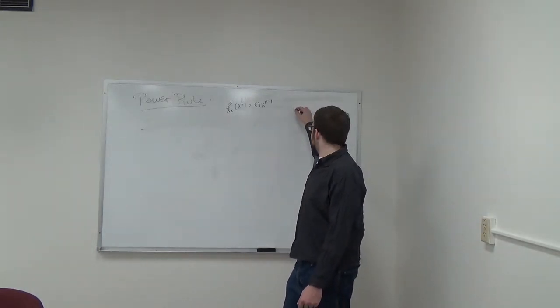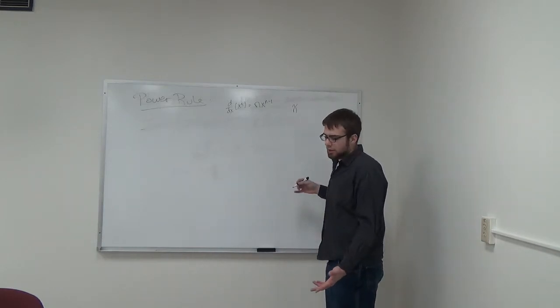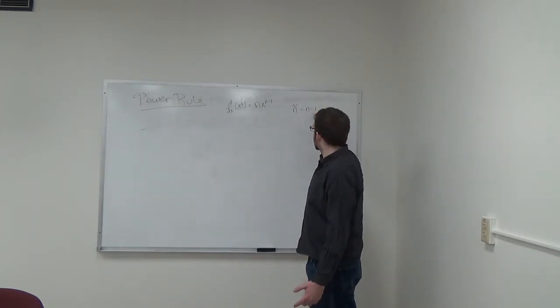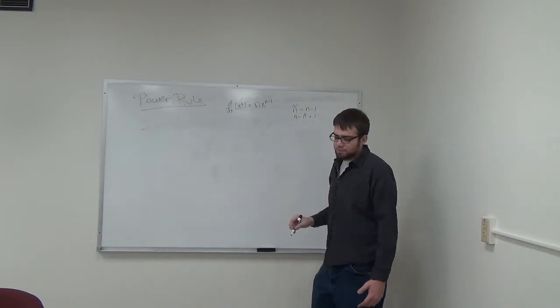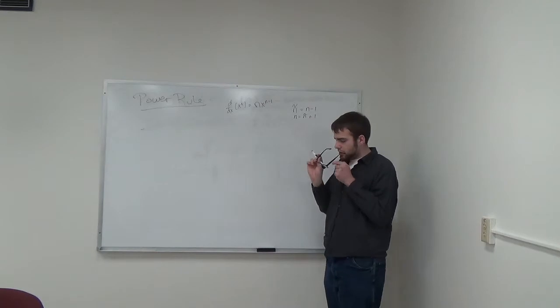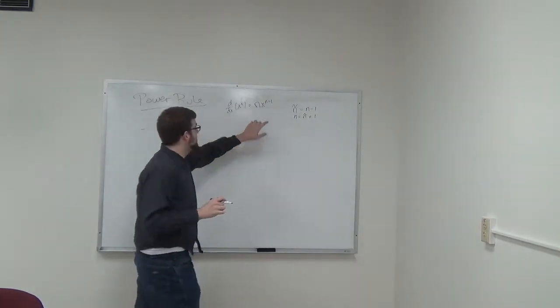So let's define something. Let's define n tilde to be n minus 1, and n is equal to n tilde plus 1 as a result. So let's replace everything in here.